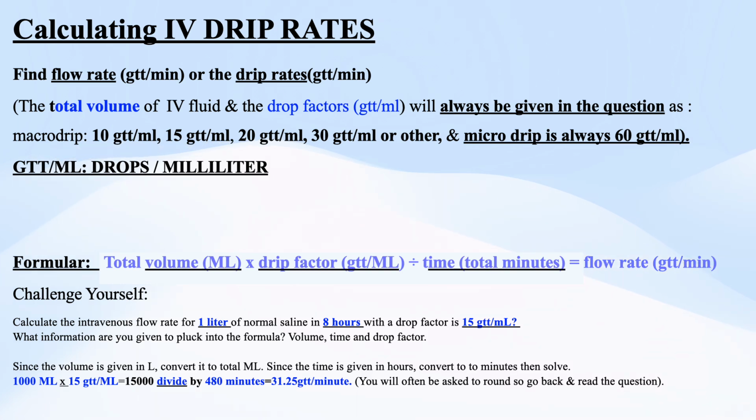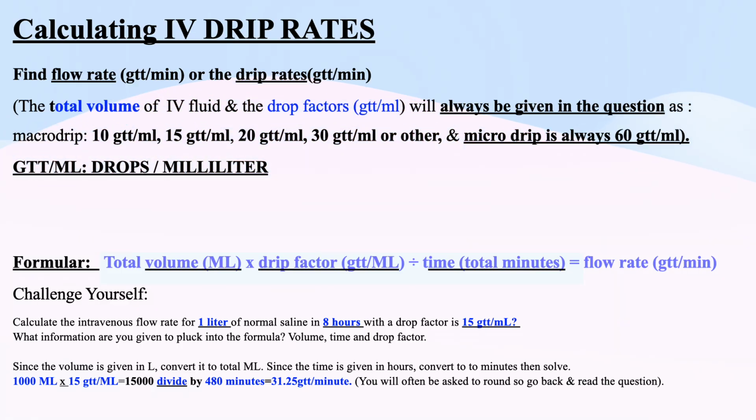Just remember, if I'm to find the flow rate with a unit of drops per minute in the presence of a drop factor, I must have my time in total minutes to work with. So let's see an example. Calculate the IV flow rate for 1 liter of normal saline in 8 hours with a drop factor of 15 drops per ml. Again, let's identify the volume.